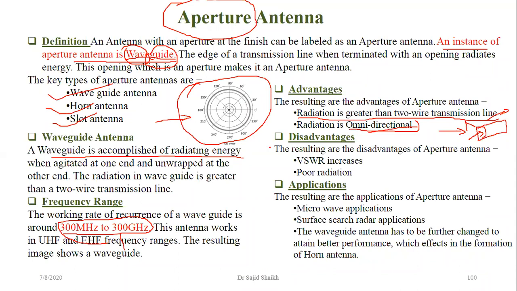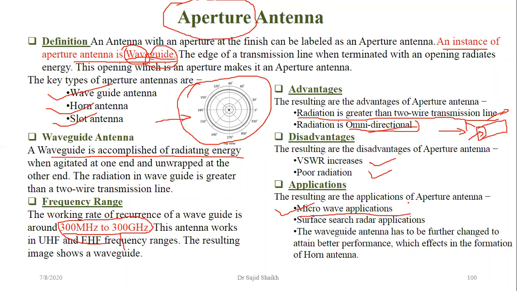Now, when we are talking about the disadvantages of this antenna, the VSWR is increased, and poor radiation is the second disadvantage. And when we are talking about the applications of this antenna, such types of antennas are mainly used in microwave applications.